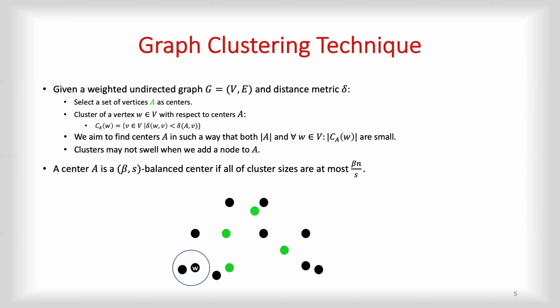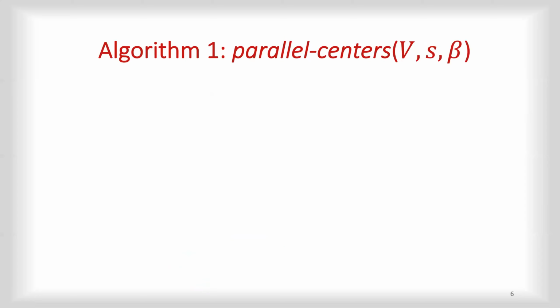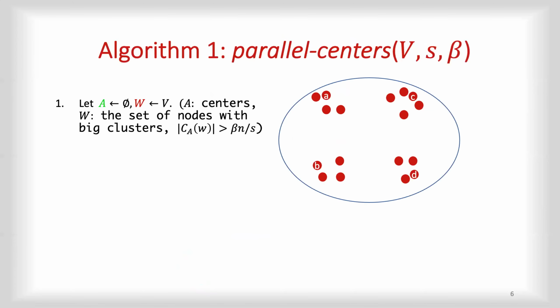So we essentially would like to provide such a set of centers. Let me present our parallel center algorithm. It initializes a set of centers to be empty, represented using green color, and the set W, which is the set of nodes that have huge clusters, meaning that their cluster size is greater than beta times n over s.